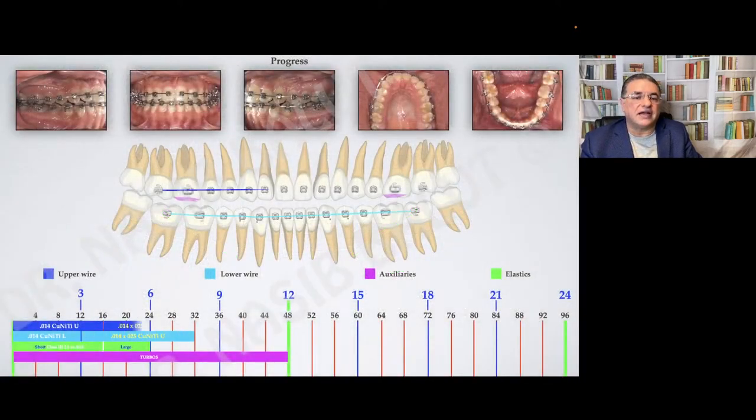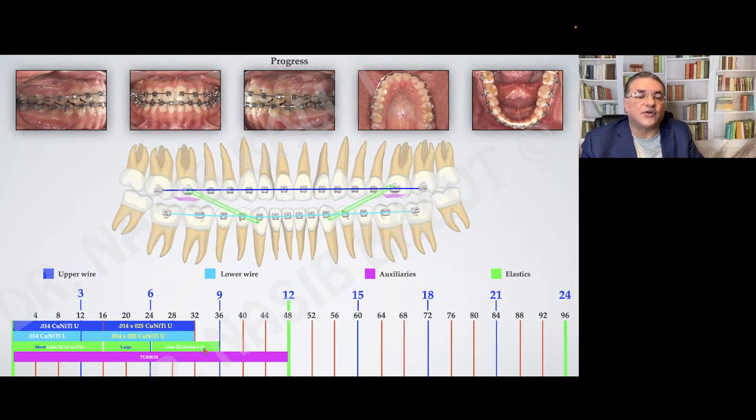So then I move on to a 14/25 copper nickel titanium, upper and lower, all the way to the second molars. I left them as an average for months. We are at the 7th month of the treatment. We continue with the bite turbos, and also we continue with the class 3 elastics.